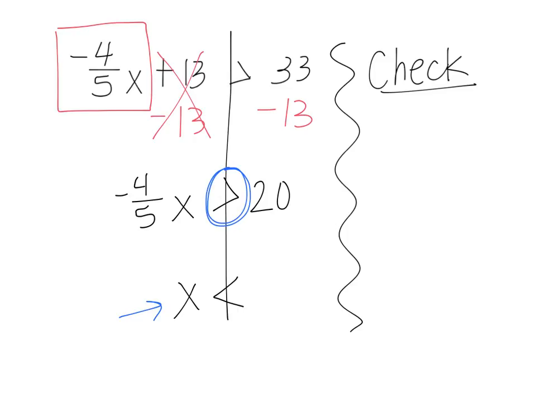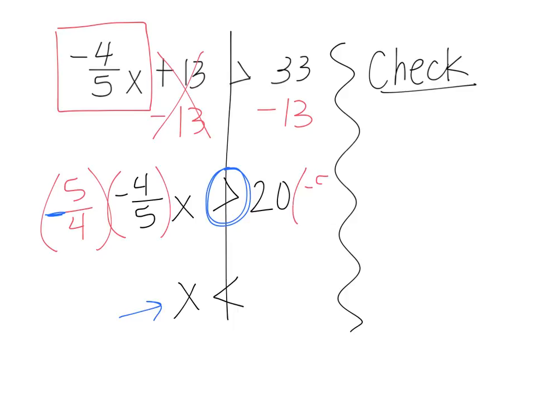All right, to undo a reciprocal, you're going to multiply by the flipped form of this fraction. Remember, it's called a reciprocal. So the reciprocal of 4/5 is 5/4. Don't forget that negative right there because we want to get rid of that negative as well. So then we do the same thing to the other side.